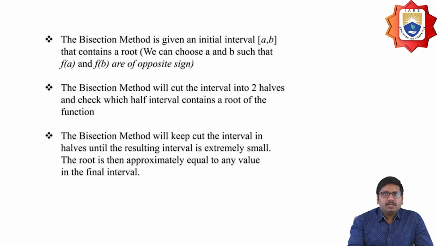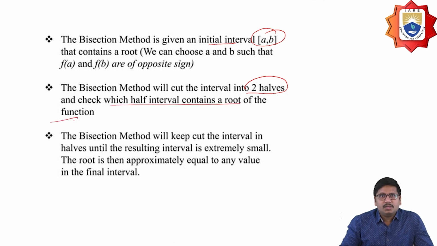The bisection method is given an initial interval a comma b, which contains the root. The method will cut this interval into two halves, and you have to check which half contains the root of the equation. It will keep cutting the interval into halves until the resulting interval is extremely small.